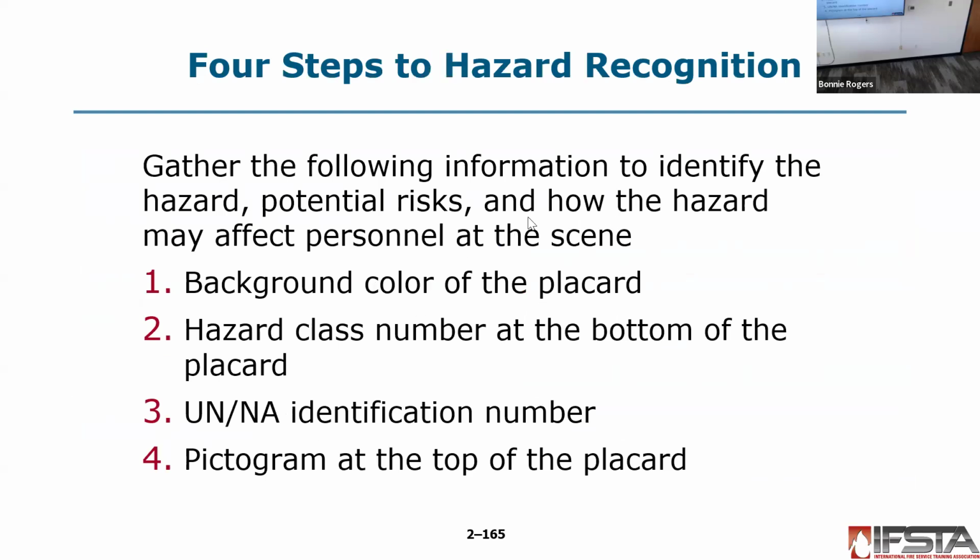All right, so you roll up and you're responding to an incident involving a vehicle that's rolled over, and you see a placard on it. What are you going to look for? Color's going to be the easiest to recognize, probably.